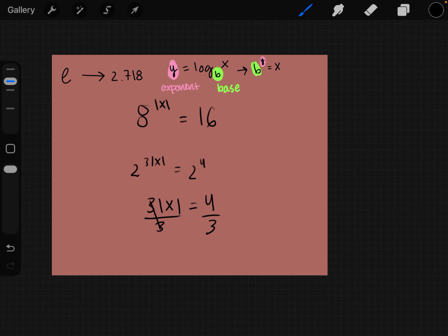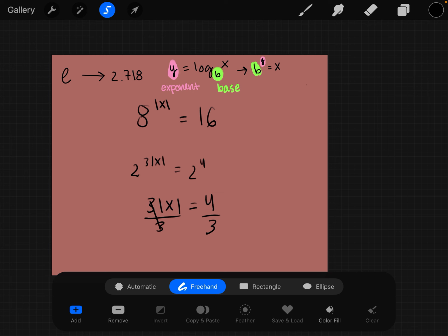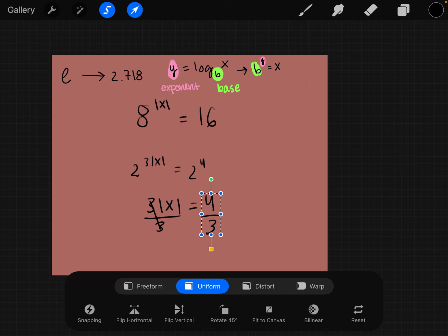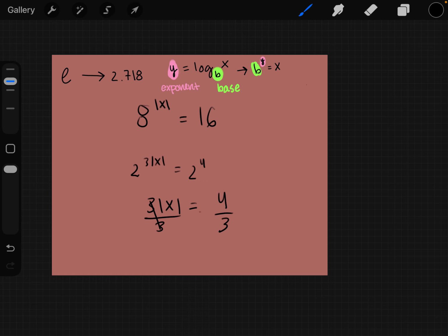Okay, because it's in absolute value bars, it's actually going to be plus or minus. So what you would type on my math lab is this. That would be your answer.